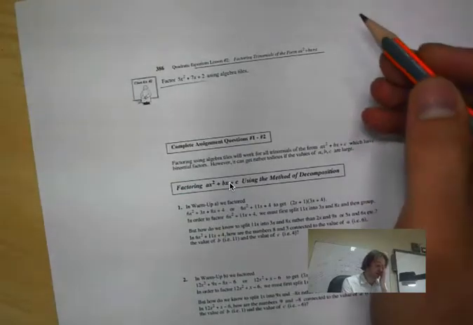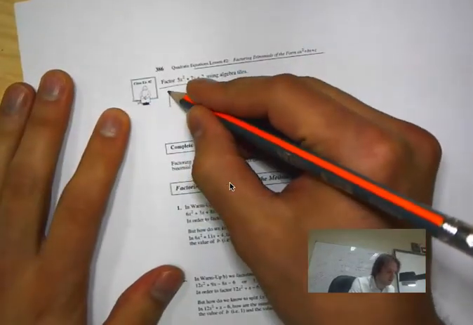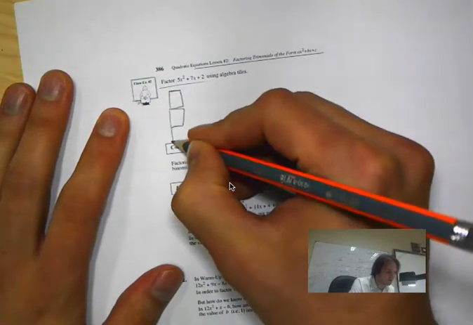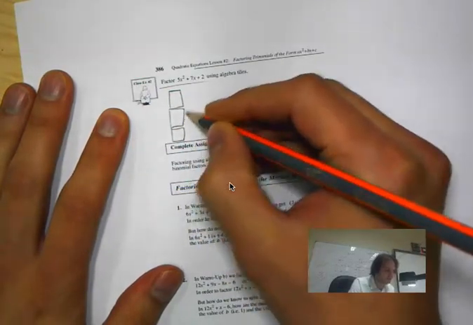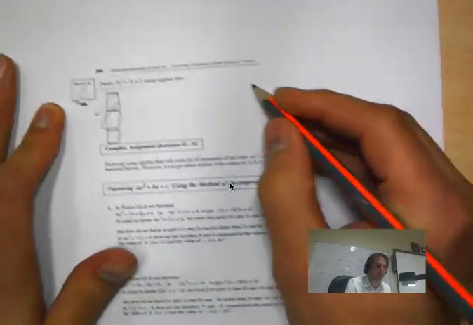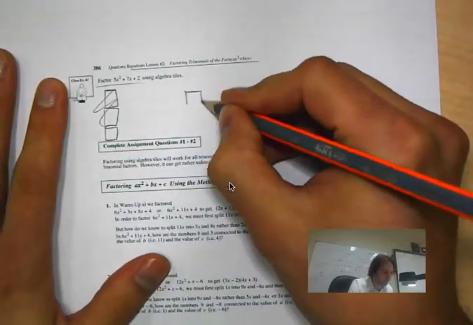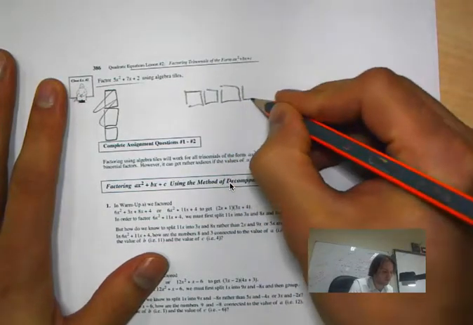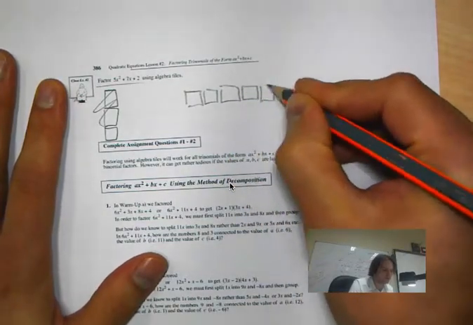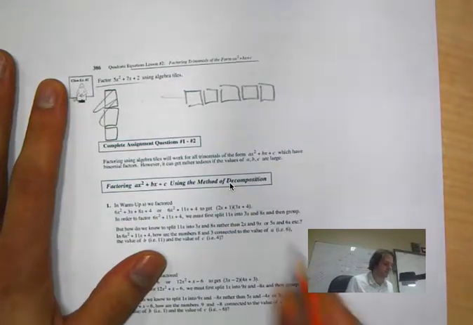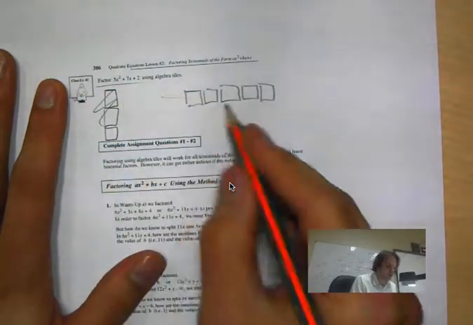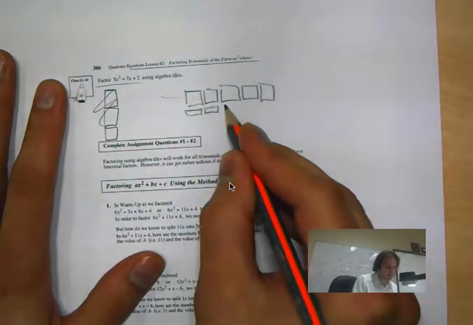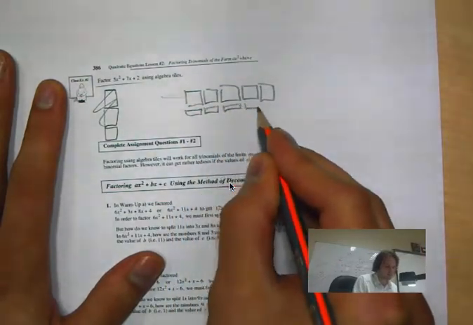If I was to factor this using algebra tiles, I'm going to have 1, 2, 3. Oops, I'm running out of space, so I'm just going to write this over here. I'm going to have to go 1, 2, 3, 4, 5. There's no other way. These have to be lined up next to each other. Then I'm going to have 7x, so I'm going to have to go 1, 2, 3, 4, 5.